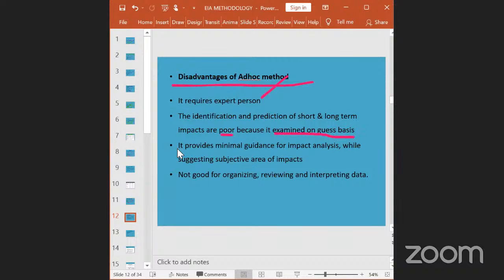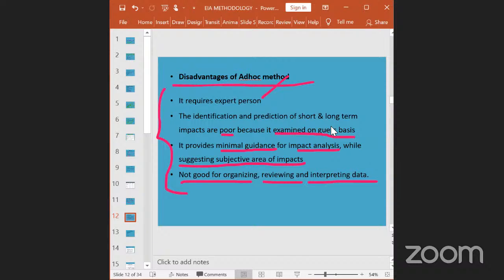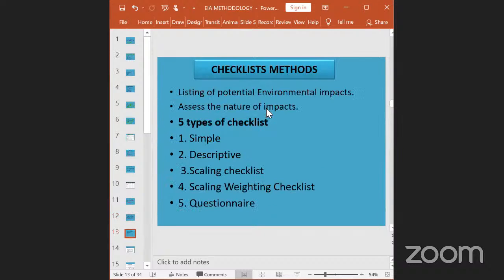It also provides minimal guidance for impact analysis while suggesting subjective areas of impact, and is not good for organizing, reviewing and interpreting data.